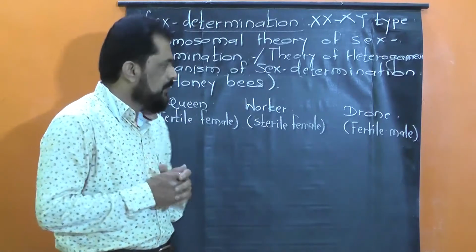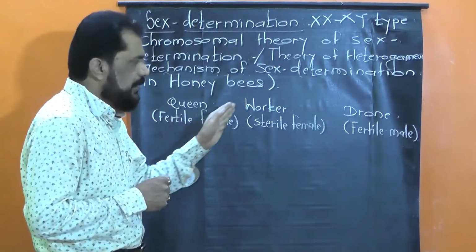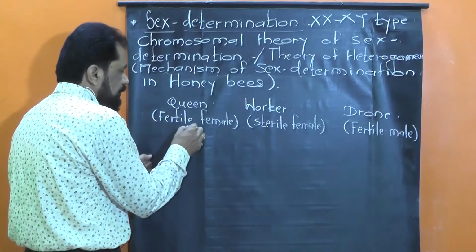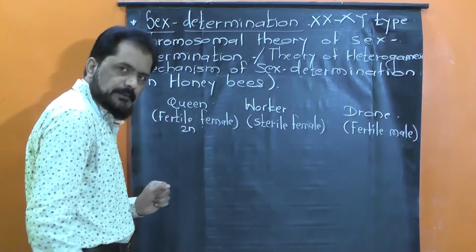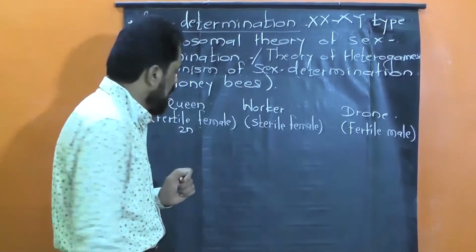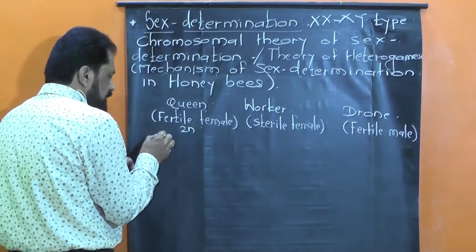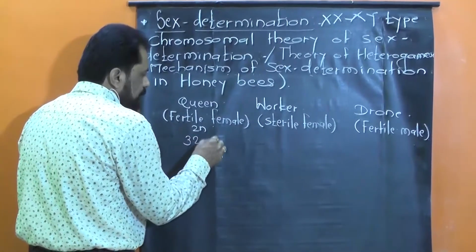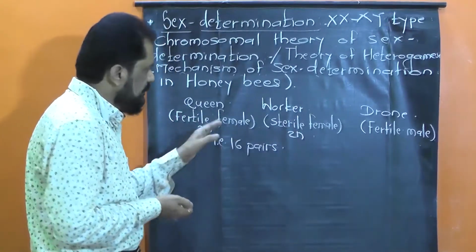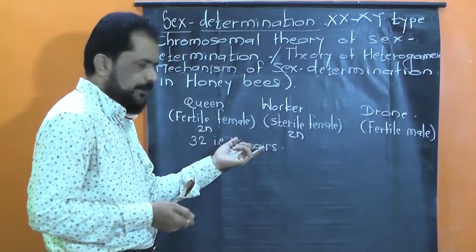Let me tell you, here the queen bee and worker bee, these two females are diploid. The diploid chromosomal number in female honeybees is 32, that is 16 pairs. It means the queen bee and worker bees are diploid.